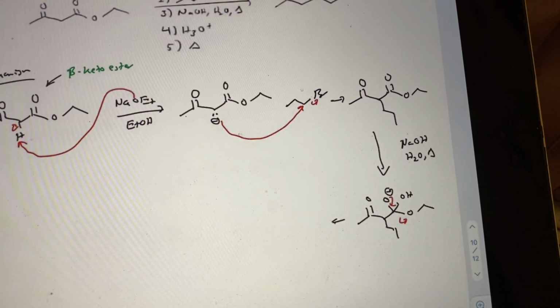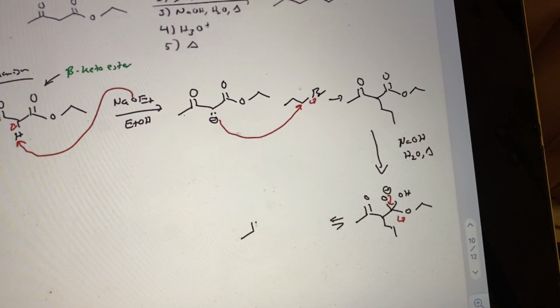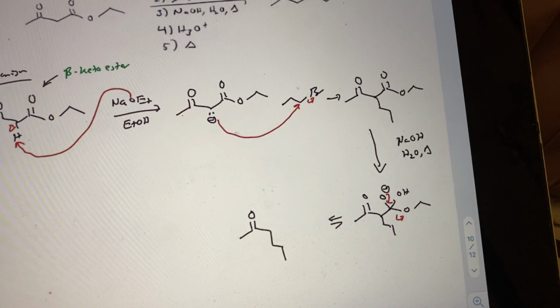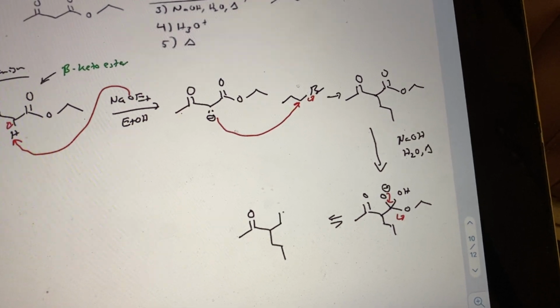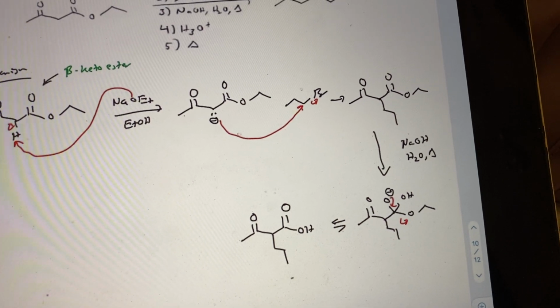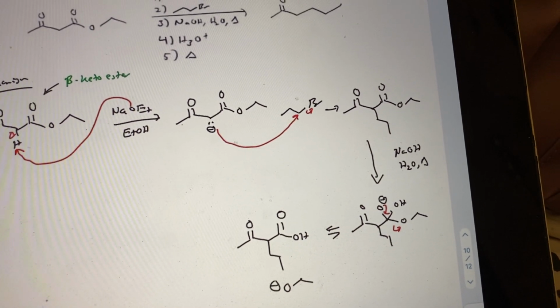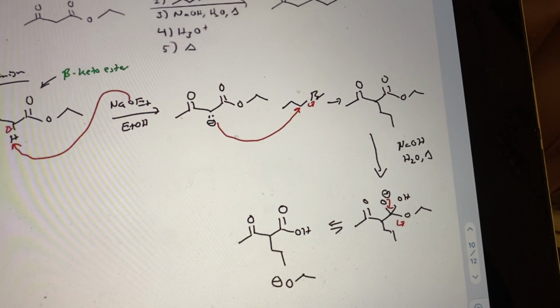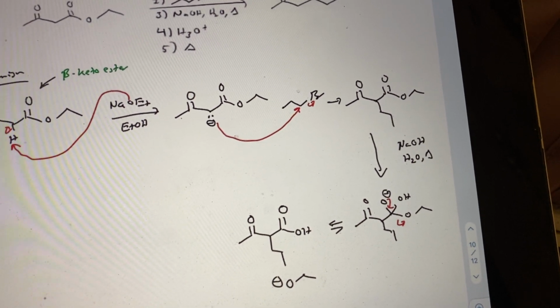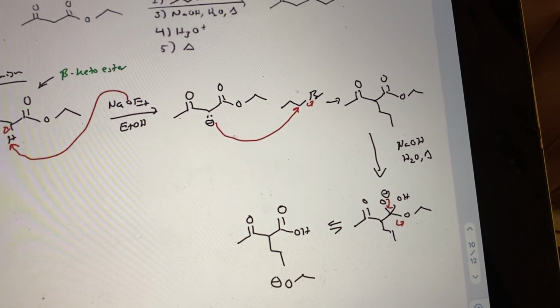Let's go this direction. This part is all the same. And what we've done now is we've reformed our carbonyl group, and we've actually generated a carboxylic acid. So what I've done here on the right is I'm reforming the carbonyl group, kicking out ethoxide. So this is hydrolysis of an ester under basic conditions.